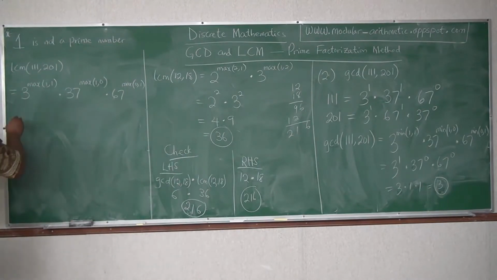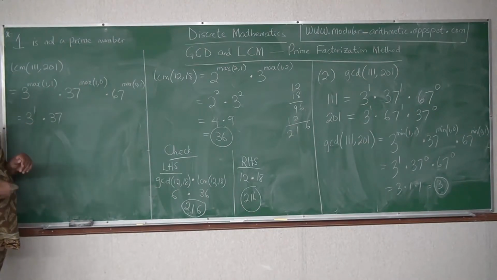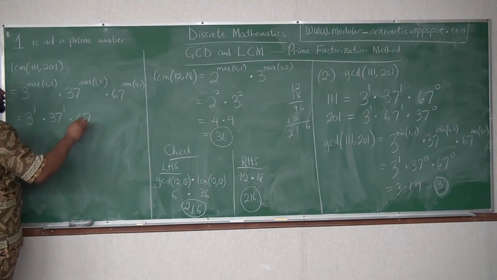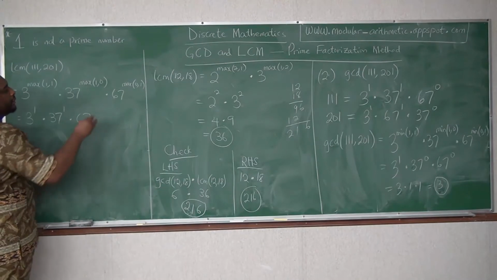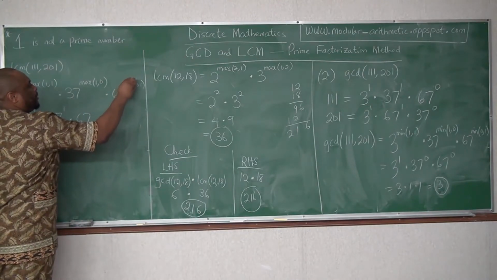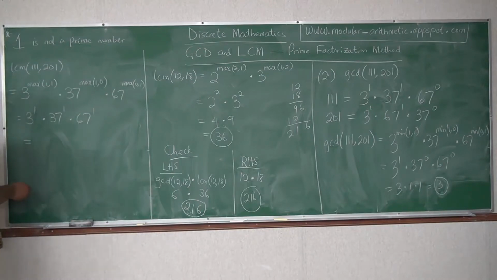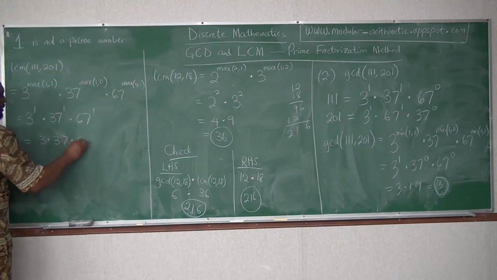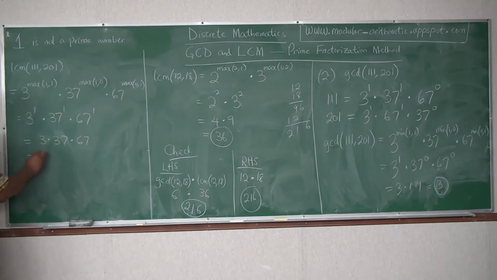Right? So this will give us 3 to the maximum of 1 and 1, just say 1, times 37 to the maximum of 1 and 0, which is 1, times 67 to the maximum of 0 and 1, which is 1. So 3 times 37 times 67, and that is 7437, and that's the LCM.